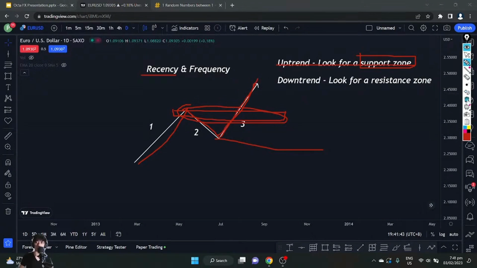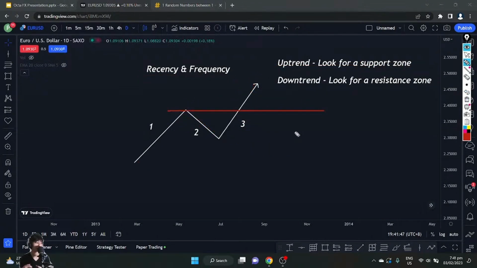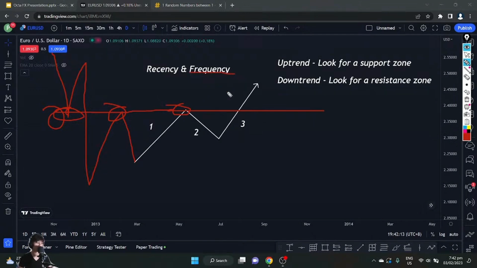So this is our most recent structure level that the price has broken. Okay? So now that we know that this previous one right here is our most recent level, we should look if the price before has tested it multiple times. So if we stretch our line or our support, we should take a look if the market has tested it multiple times like this. So if we have one and two, three touches, then that means it is being touched more frequently.